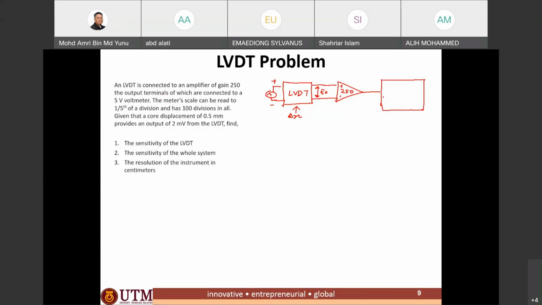So this is a 5 volt full-scale voltmeter. Okay, so this measures from 0 to 5 volt.